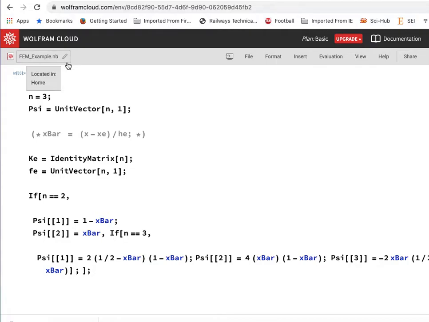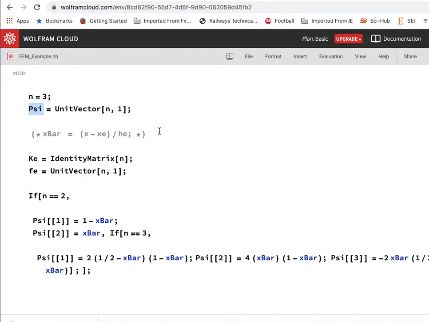Anyhow, so what am I doing? First, I am saying that n equals 3. So how many interpolation functions will I have for the element? If I am having 3 nodes, how many interpolation functions will I have per element? 3.